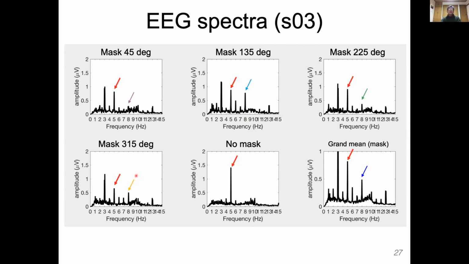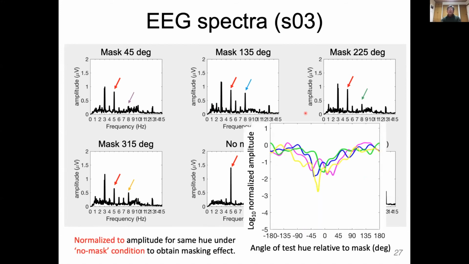All the mask conditions show a nice 5 Hertz component corresponding to the test color stimulation, and 8 Hertz corresponding to the mask color stimulation. By measuring the no-mask condition, the test-only response without presenting any mask color, we use this as a standard amplitude to normalize these results to obtain the masking effect.